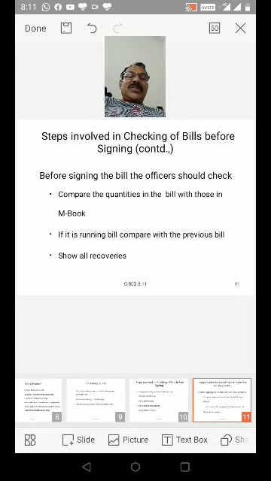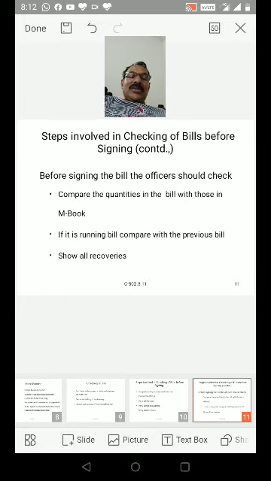Steps involved in checking of bills before signing, continued. Before signing the bill, the officer should compare the quantities in the bill with those in the measurement book.